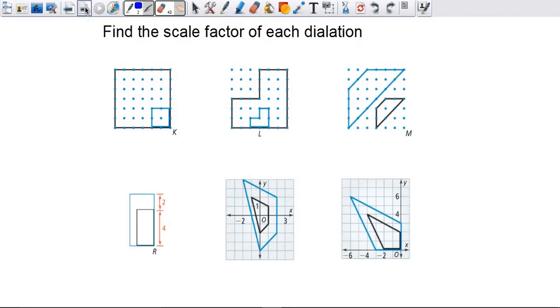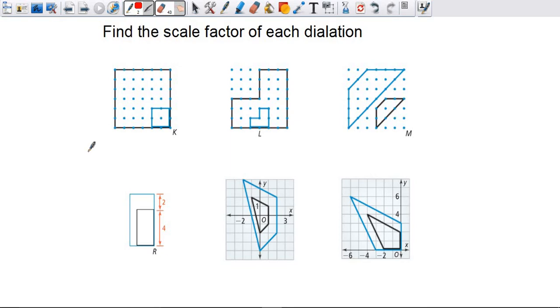At this point, we're going to try these together. It says find the scale factor of each dilation. You've got to remember, the blue one is the original pre-image. The black one is going to be our new image. So we need to figure out how they went from the blue to the black. The way you do that is pick any side and then its corresponding side in the other figure.